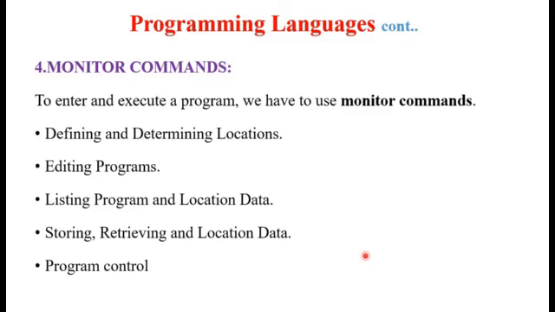Then editing programs, we enter these editing instructions through the monitor command. Then listing program and location data, storing and retrieving location data. All these can be controlled through monitor commands. Program control can also be done by monitor commands.